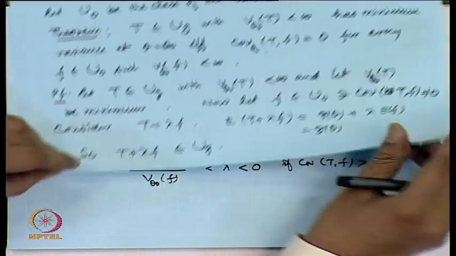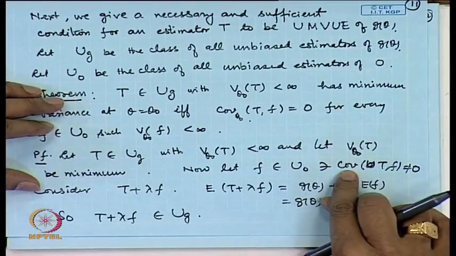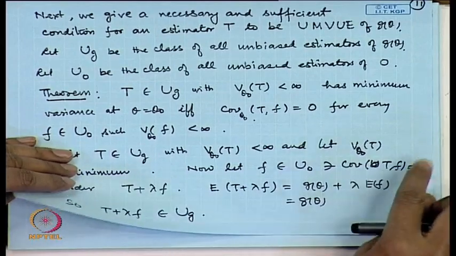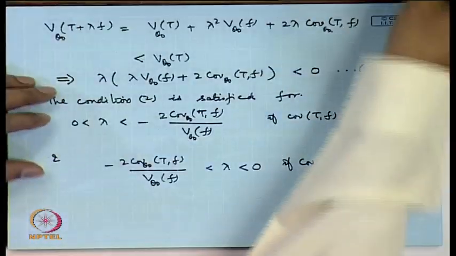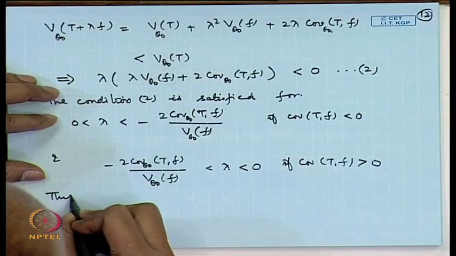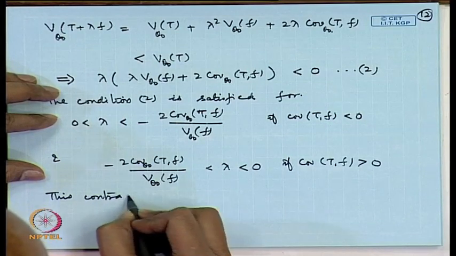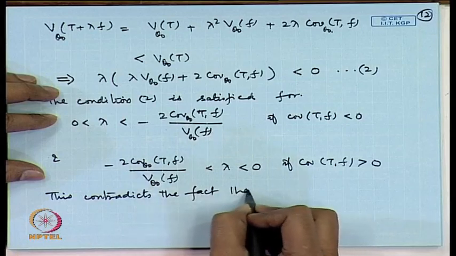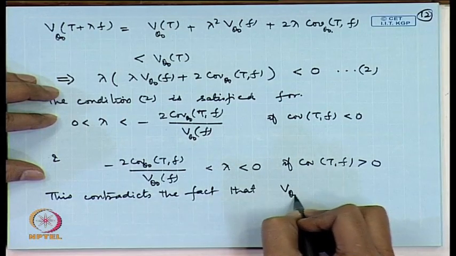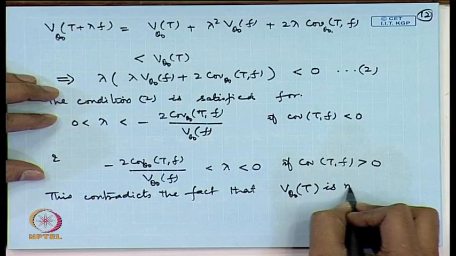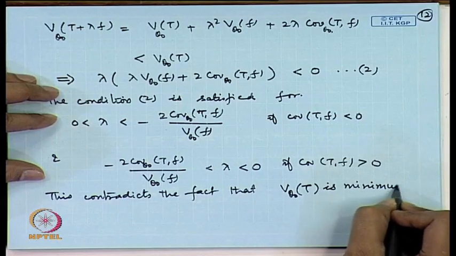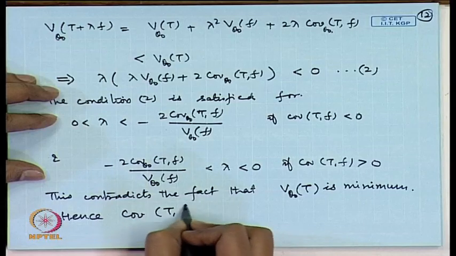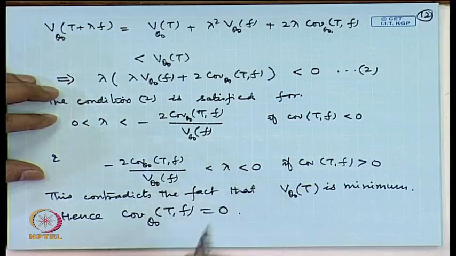The mistake is that I am assuming that covariance between T and f is not 0. So, this is wrong. So, this contradicts the fact that variance at theta naught of T is minimum. Hence, we must have covariance between T and f equal to 0.